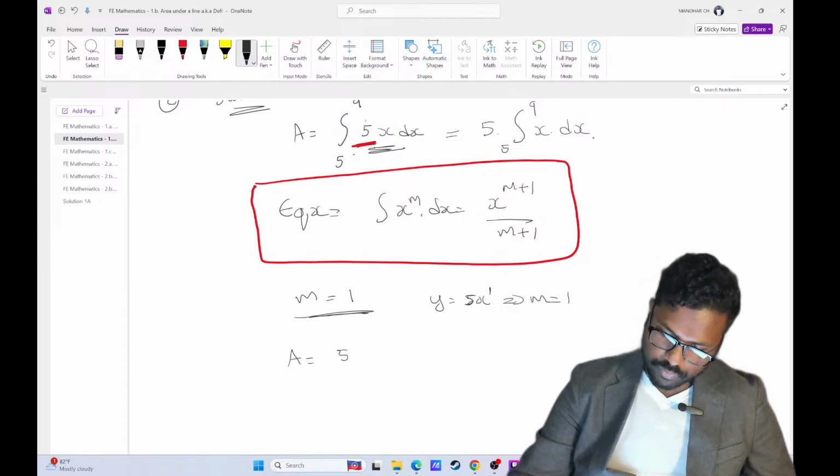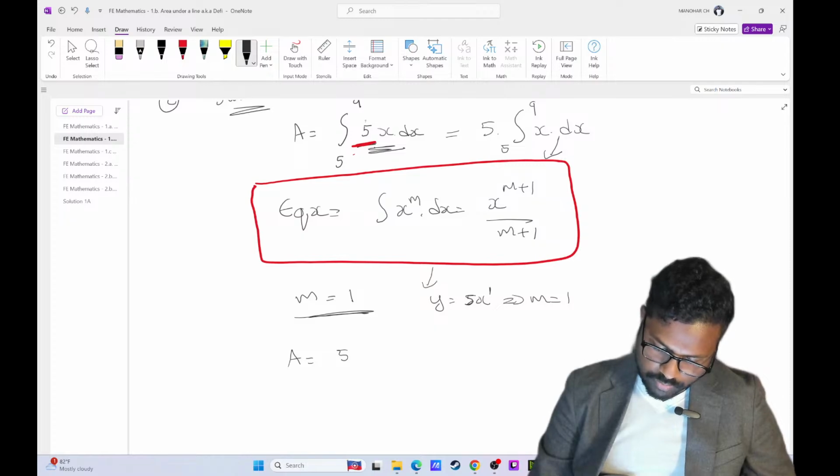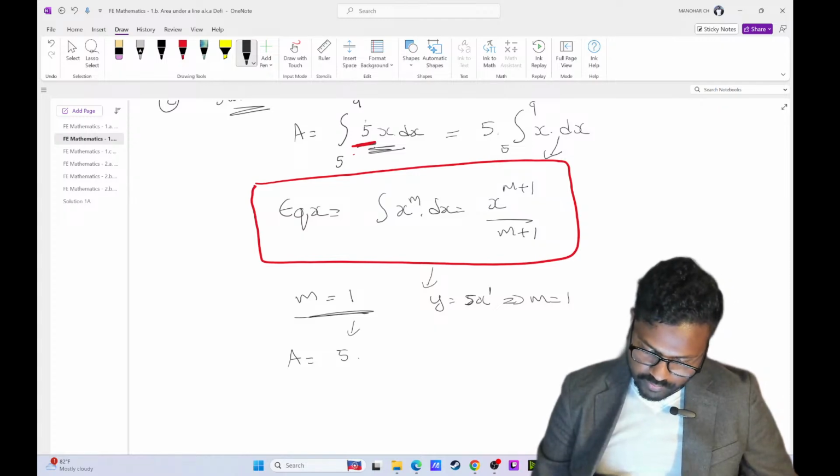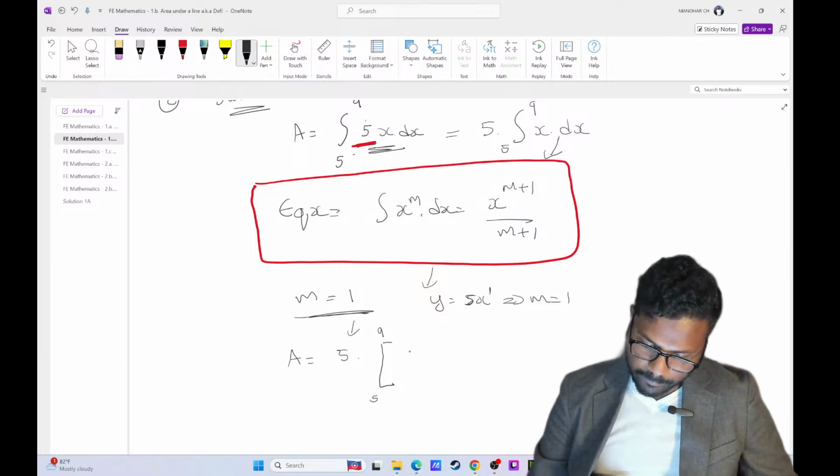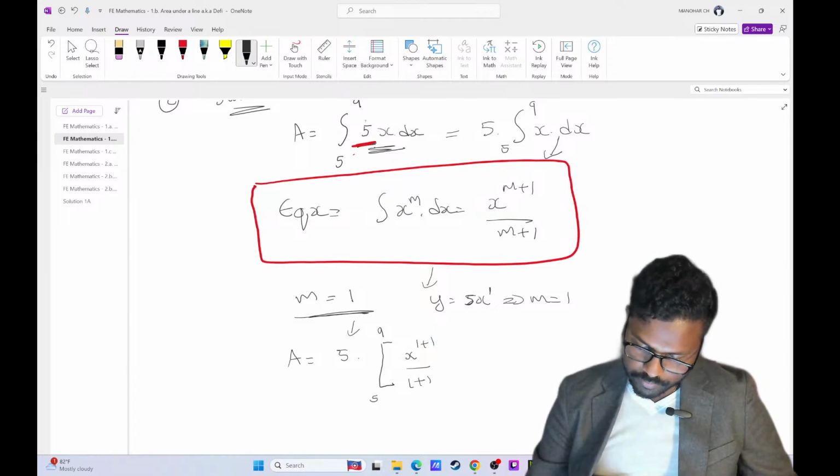That equation will be substituted in, which comes down to this step. So 5 into, we write the lower limit 5, upper limit 9, x power m, which is 1 plus 1, by 1 plus 1, that is equal to 5 into the bracket from 5 to 9 of x square by 2.